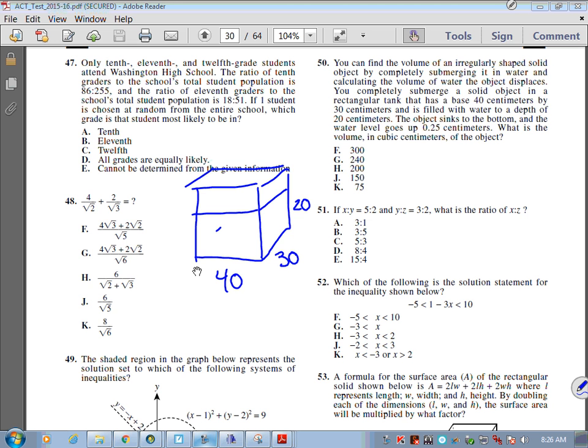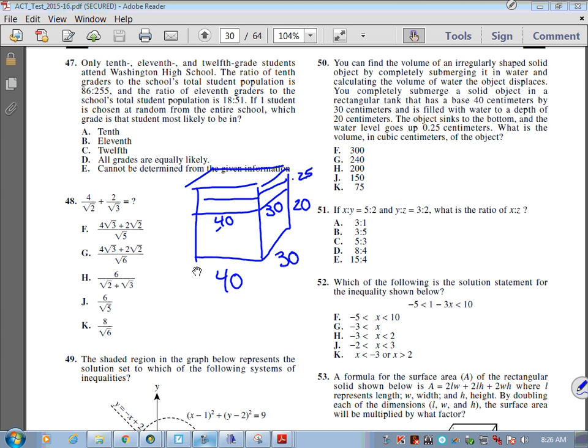Okay. To a depth of 20 centimeters. The object sinks to the bottom and the water level goes up a quarter of a centimeter. Okay. So what you have to remember is that volume in a rectangular tank is length times width times height, right? So the length stays the same, the width stays the same, but it goes up 0.25.